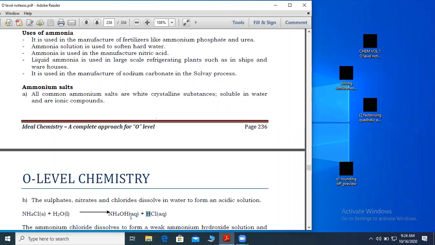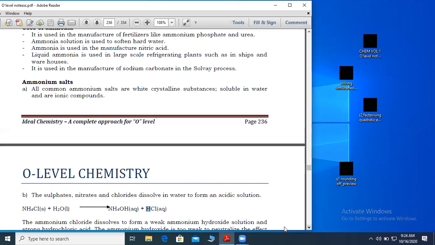Why is it like that? Because hydrochloric acid is a strong acid and it ionizes completely. But ammonium hydroxide is a weak base and ionizes partially. So the number of hydrogen ions will be greater than the number of hydroxide ions. I don't know if you are getting my point there, but that should be the basis of your argument.